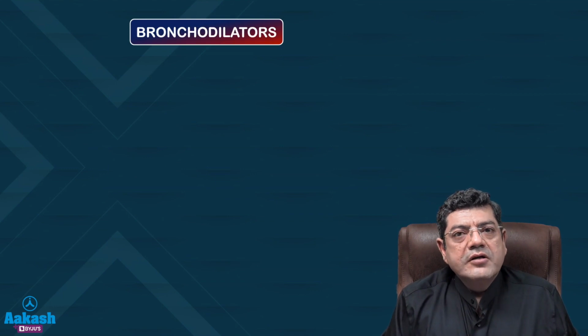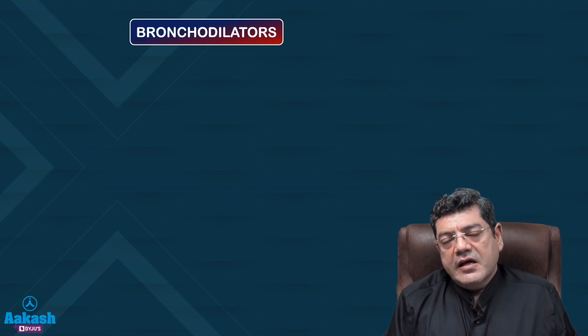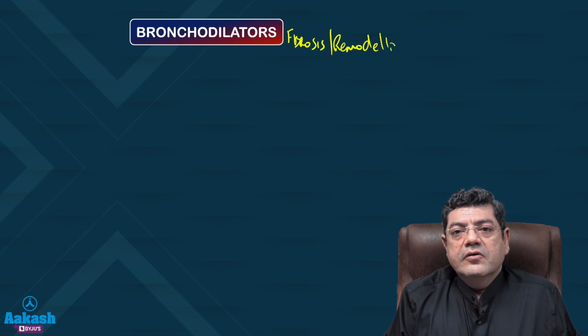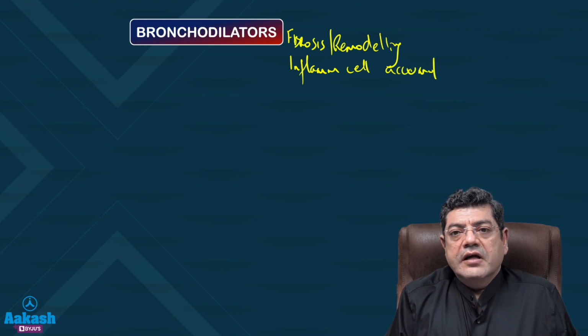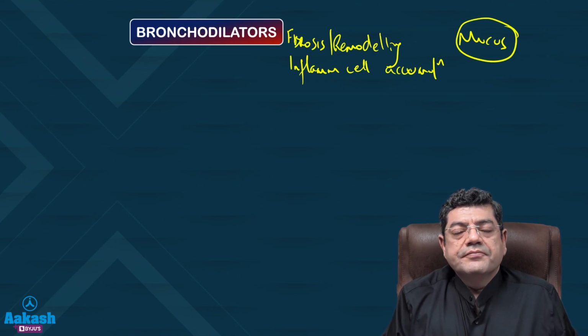One of the important pathophysiologies in these patients is airway narrowing. There's a lot of airway narrowing which is because of fibrosis or remodeling, there's a lot of airway narrowing which is because of inflammatory cell accumulation, and there's a lot of airway narrowing which is because of mucus hypersecretion, right?